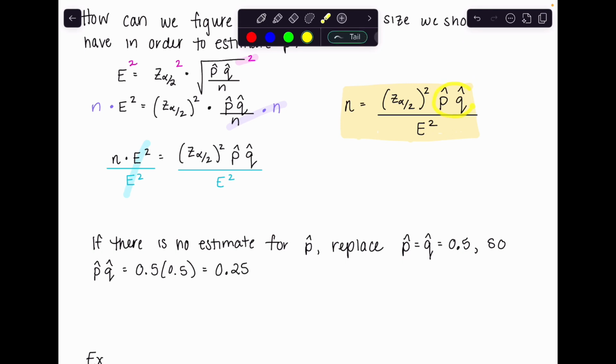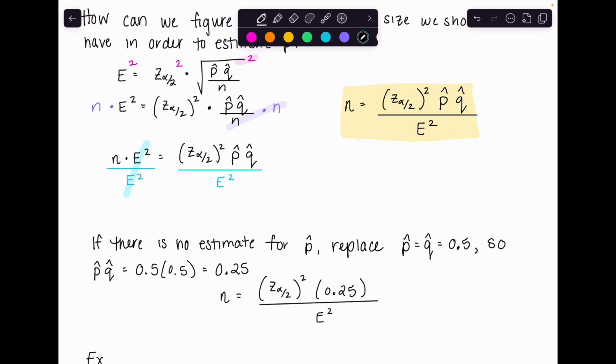So all that happens is this is replaced by 25%. So the number of individuals you would need to sample is that Z-score over 2 squared times 0.25 over whatever error you want squared, okay?